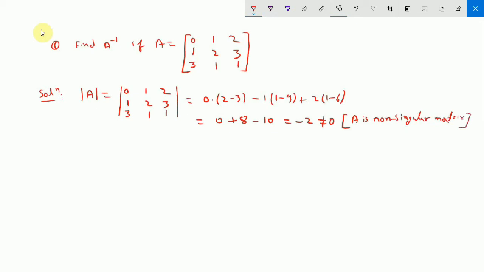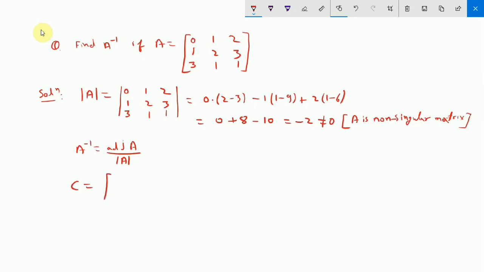Now as we know, A inverse is given by adjoint of A divided by determinant of A. As we have calculated the determinant of A, next we have to find the adjoint of A, and for that we first find the cofactor matrix.